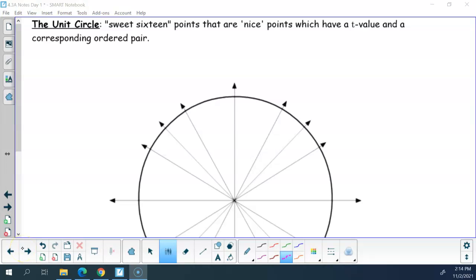All right. So, the unit circle is a circle with radius of 1. So that's still the unit circle. We still have x squared plus y squared equals 1.